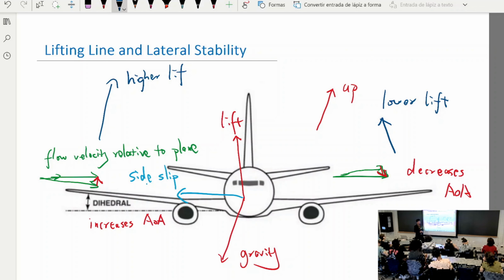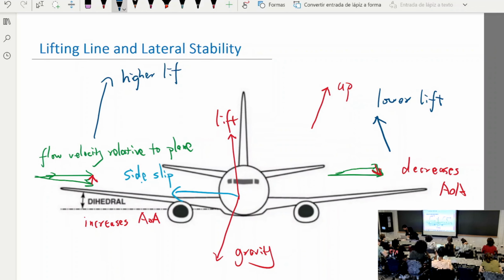So for example, this is lateral stability, and again lifting line theory. Explaining this doesn't require lifting line theory. But lifting line theory actually has to be used to figure out exactly how much higher lift this side has and how much lower lift that side has.